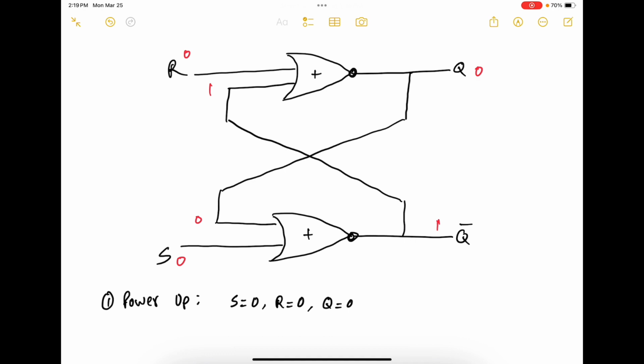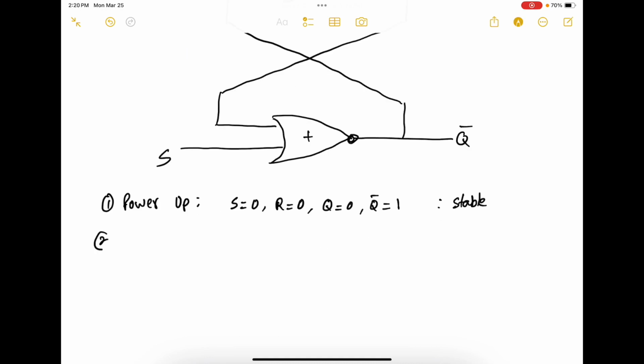And this 0 comes all the way here again and this circuit is going to be stable. So I can confidently say that one of them will be at 0 and the other one will be at 1. So this is a stable state. Essentially, you're able to store logic 0 right here.